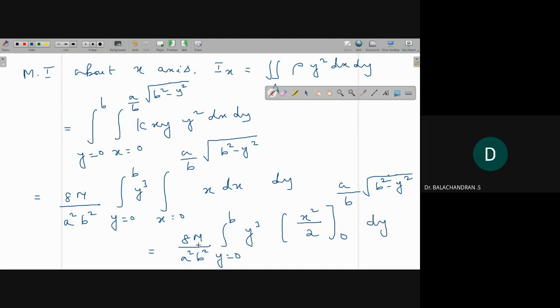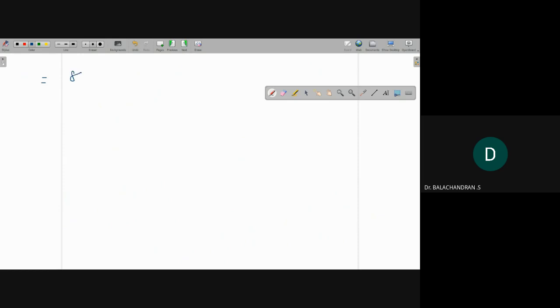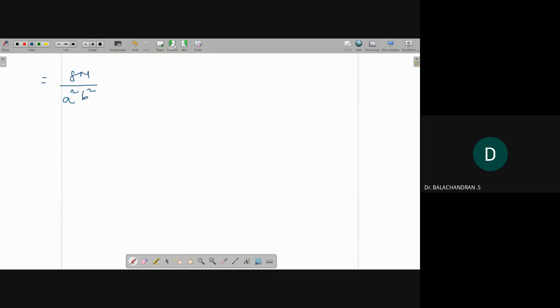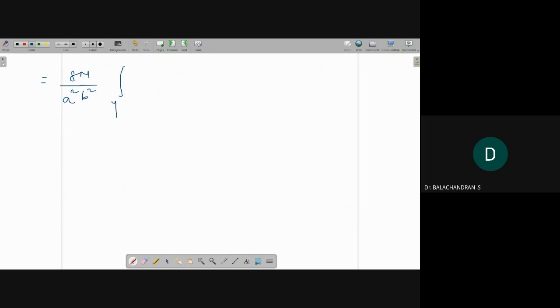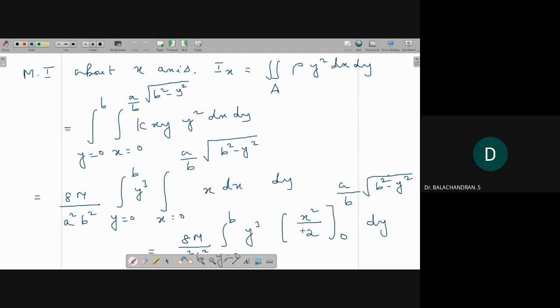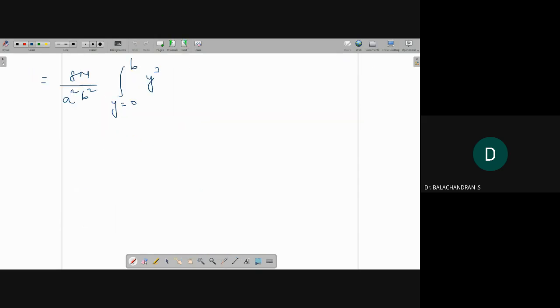So substitute the limits, 8m by a square b square, integration y equal to 0 to b, y cube, here have 2, so 2 means 4m.